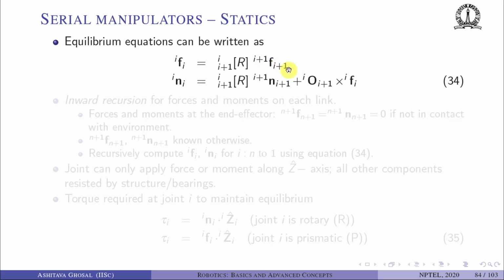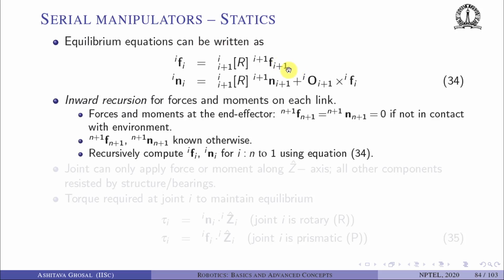Okay, there is a reason why we want to write it in this way, because we will go backwards. Okay, so we will do what is called an inward recursion for forces and moments on each link. So typically the forces and moments at the end effector, which is the link n+1, remember, the end effector is after the joint n.